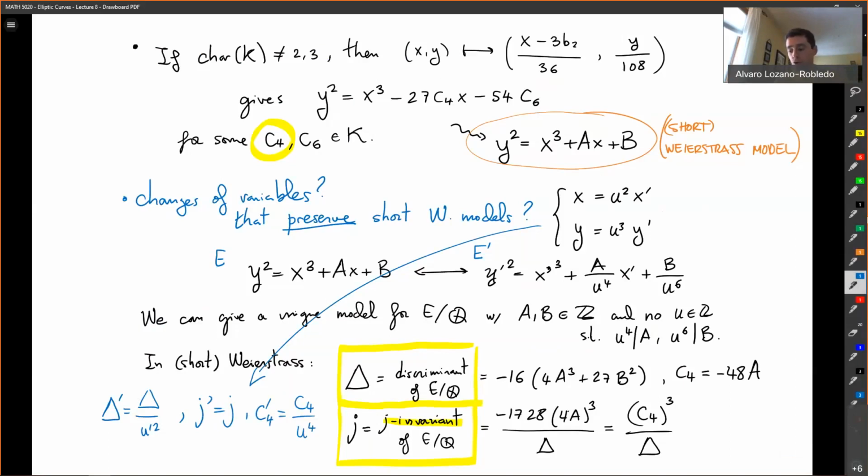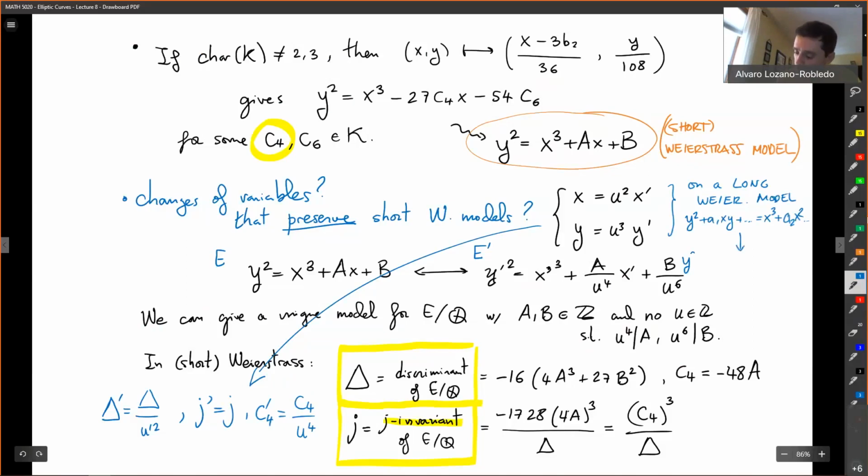If you do one of these changes on a long Weierstrass equation, y squared plus a1 xy plus ... equals x cubed plus a2 x squared dot dot dot, it brings it to something of the form y squared equals, oops.